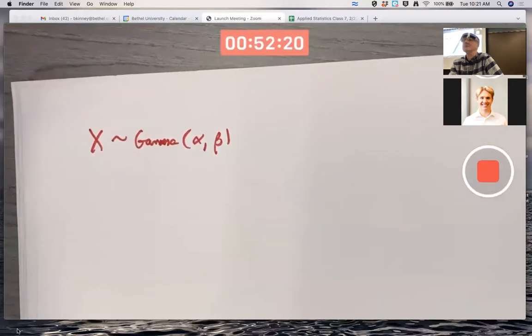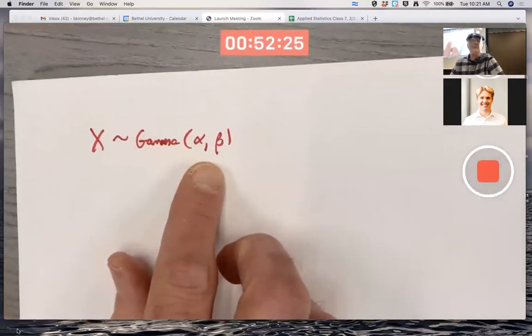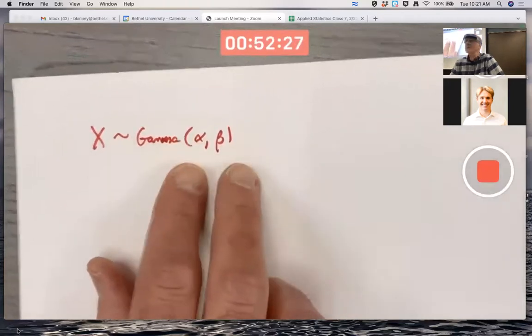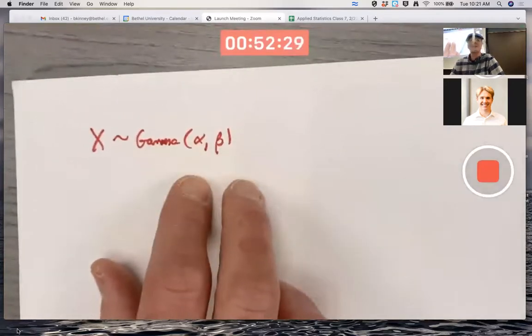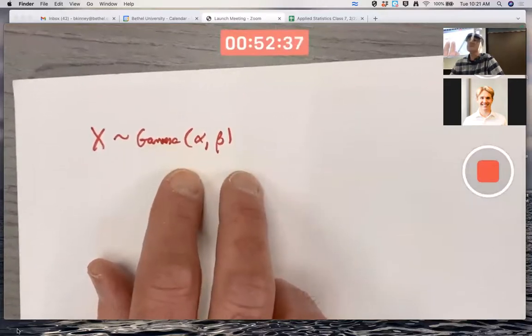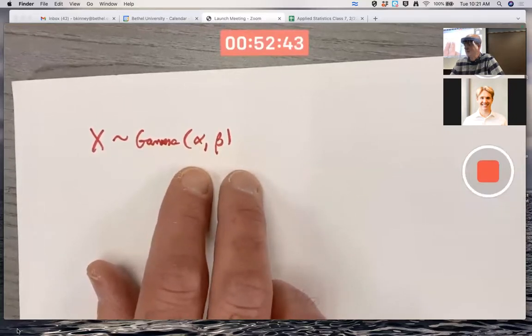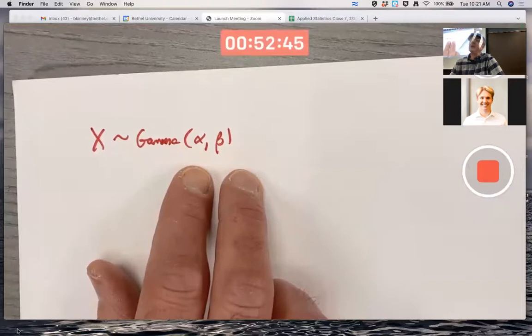And if I make that assumption, what should alpha and beta be? Those are population parameters for a gamma distribution, and I'd like to estimate them based on data, which means I need estimators for those things. They're not the mean and the variance of the gamma distribution, but they are related to the mean and variance.